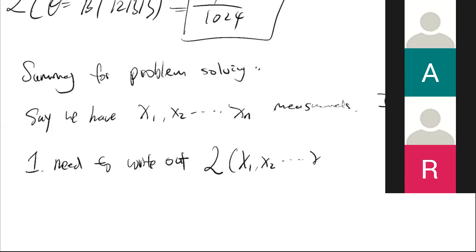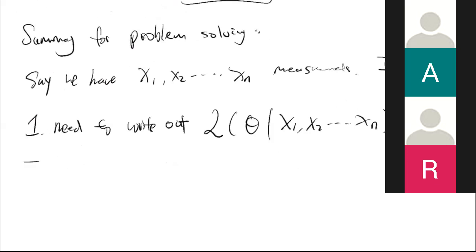You're taking the maximum likelihood from data, given that you are doing a lot of measurements, and that by definition is equal to the probability of x1, x2 up to xn given theta.